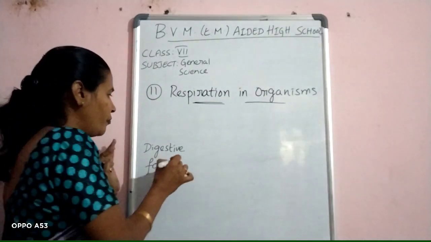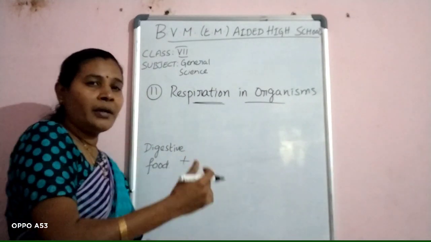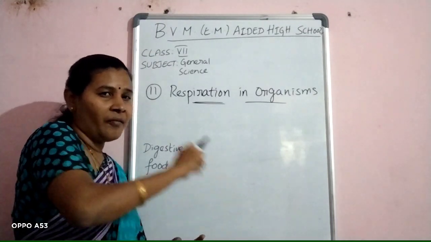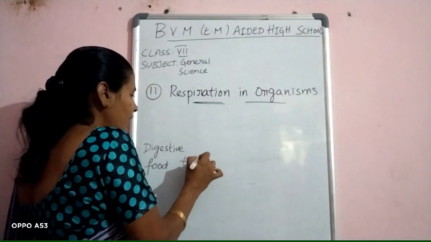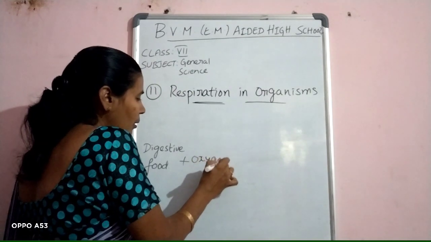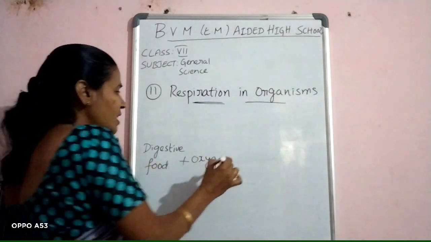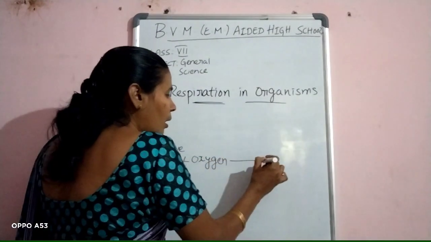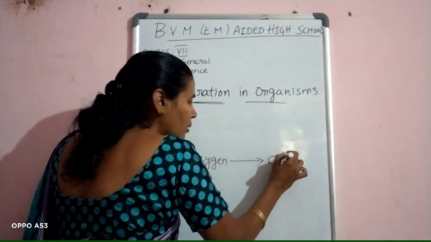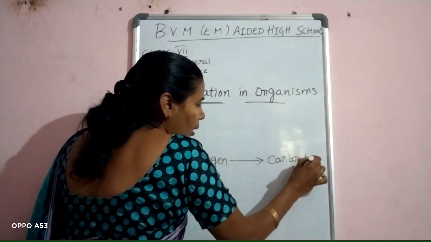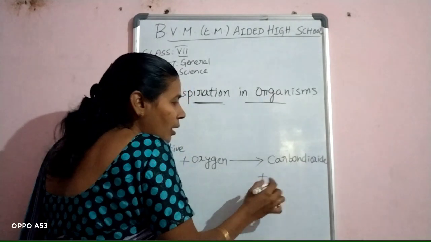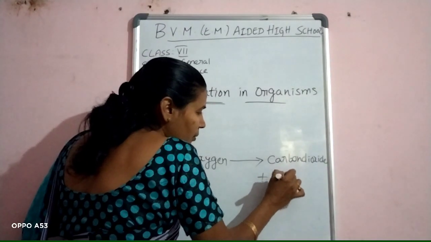When we take in air, oxygen is taken from the air. That digestive food is mixed with oxygen, and after that it is released as carbon dioxide and water.